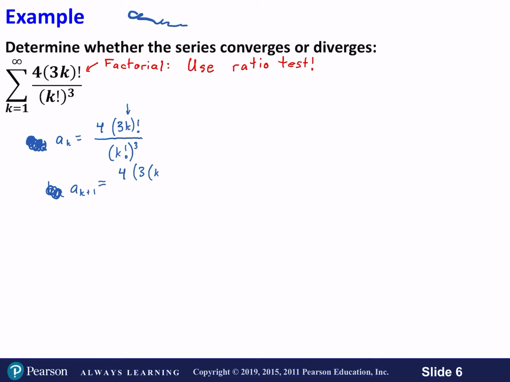So we have to put it in parentheses right here. And then we also see a k down here, so we're going to replace that with k plus 1. Once again, it's important that we replace it and put parentheses in. Alright, so that's our ak, that's our ak plus 1. We're going to define r to be the limit of their quotient.